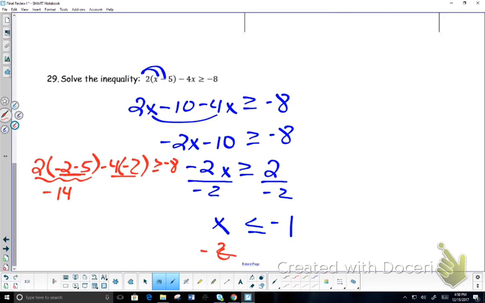This right here is going to be positive 8, and this is supposed to be greater than or equal to negative 8. Well, negative 14 plus 8 is negative 6, greater than or equal to negative 8, and yes, it is. So that's a good way for you to check it. If you're thinking right now, no it's not, remember you're in the negative world, so yes, it is.